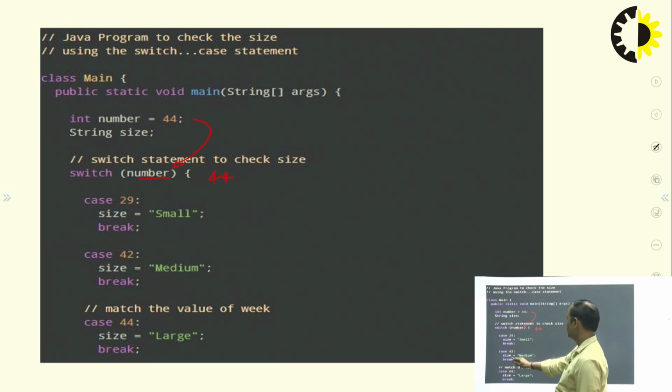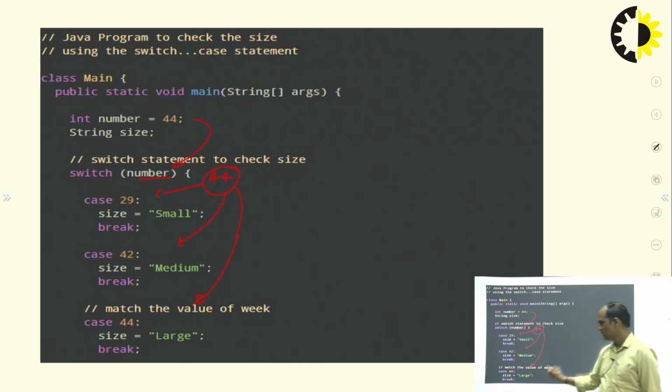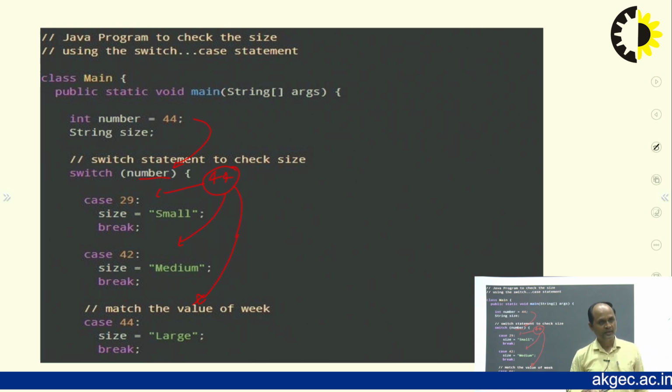Case 42: size is medium, break. Then we match the value, case 44: large. So the value can be checked against each of these. The matching value is case 44, the size of the apparel, and the output of this switch statement is: size is large.